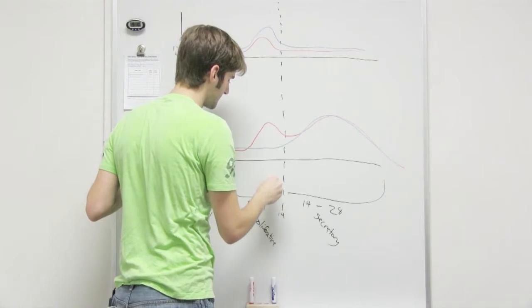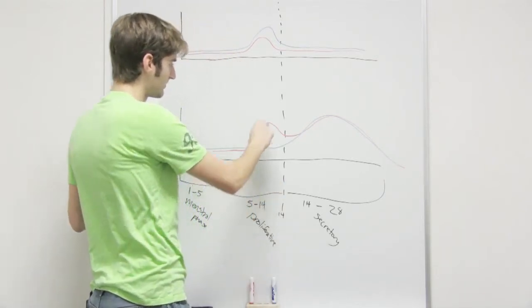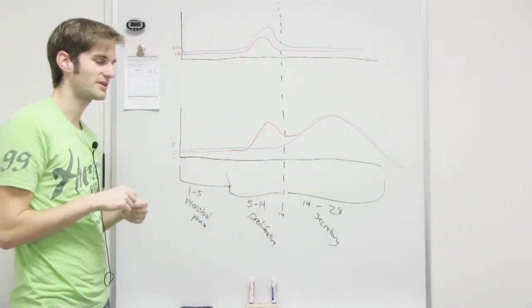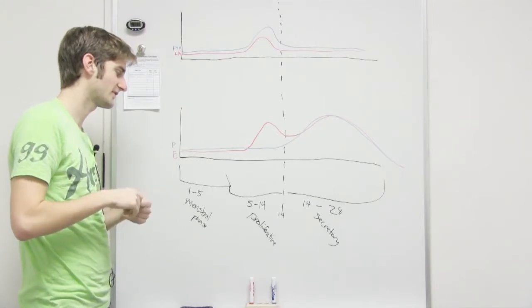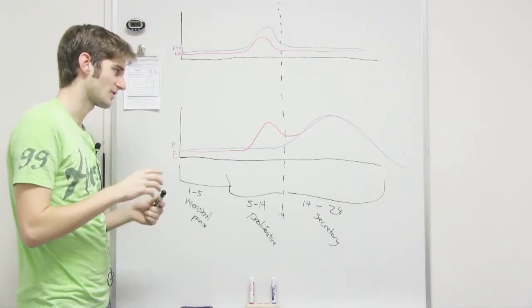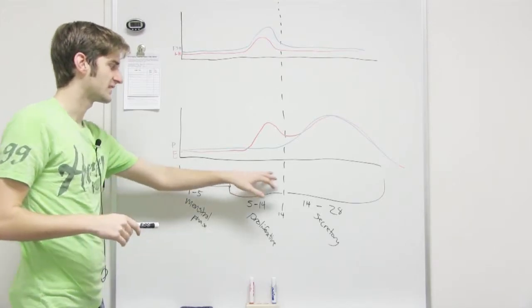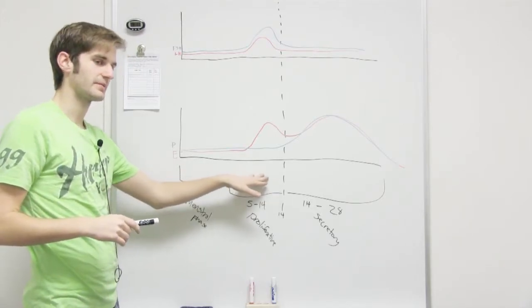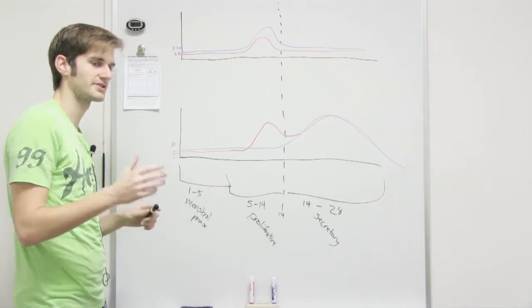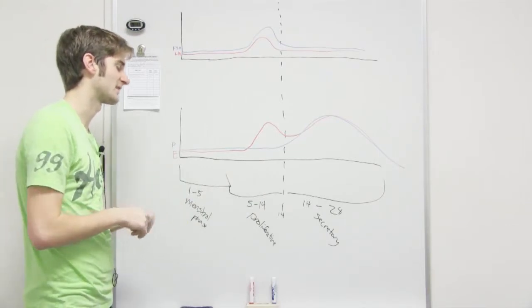From 5 through 14, we have a little surge in estrogen right before ovulation, and then it drops back down really quick. But at this point, the endometrium lining is starting to build up again, slowly, to prepare for next time.